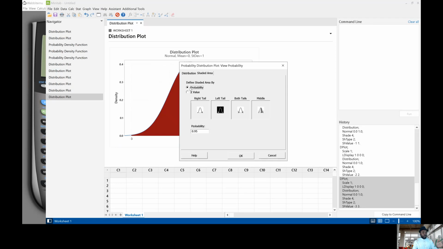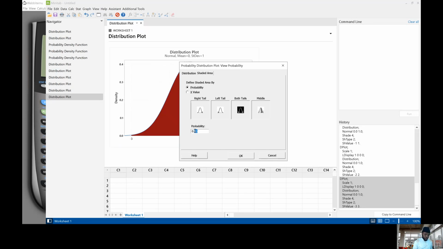Now, we're trying to find the Z values, but the left area is 0.025 and the right area is 0.025. How do we go about it? If you look at this one, it has both tails. So the left tail is 0.025, and the right tail is 0.025.